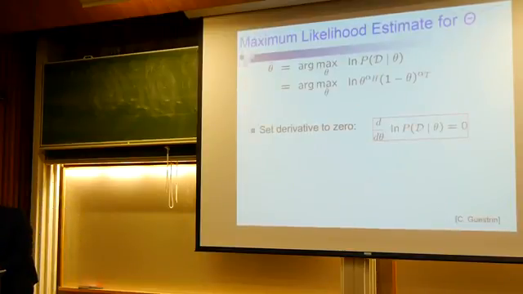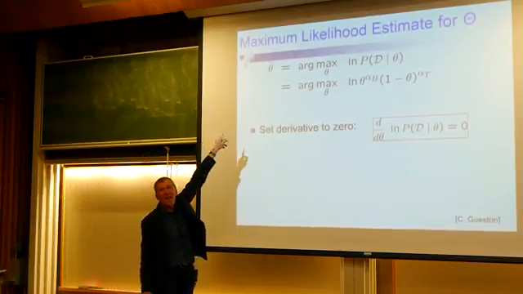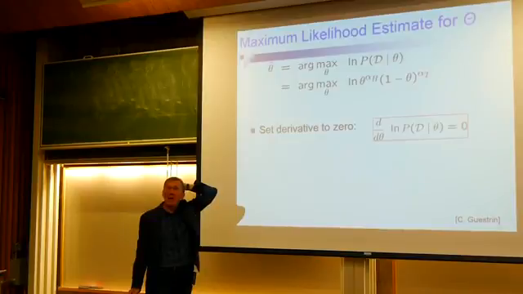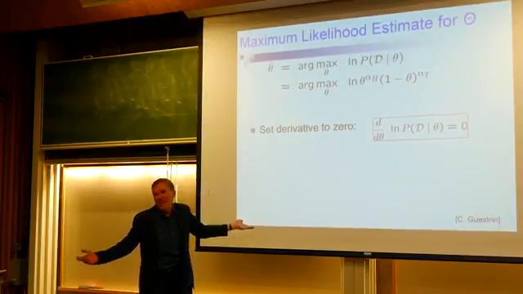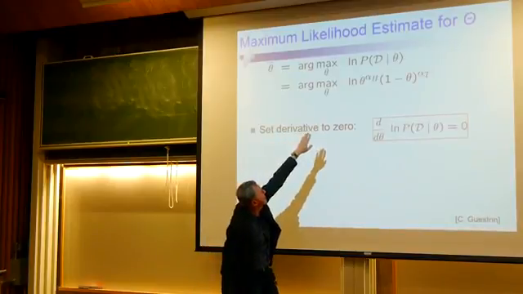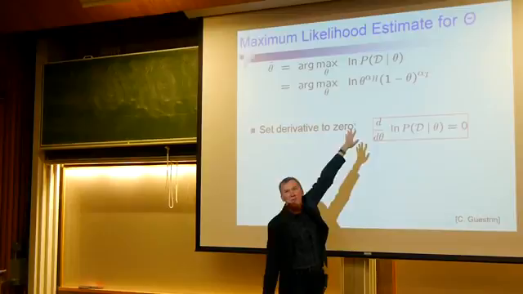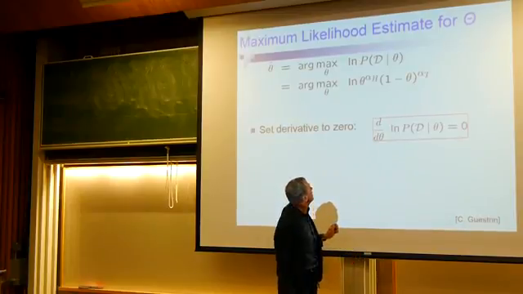So let's do that. We're interested in, I'll put a little hat to indicate that this is our estimate of theta. We don't know what the true theta is. But our estimate of theta is going to be the value that maximizes, I wrote the log of the probability of the data given the theta.